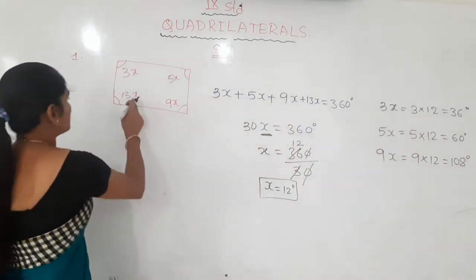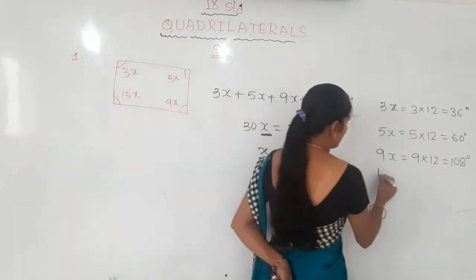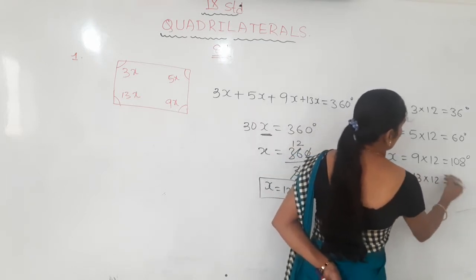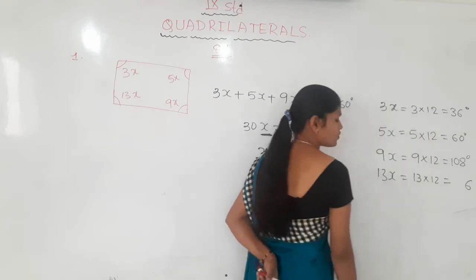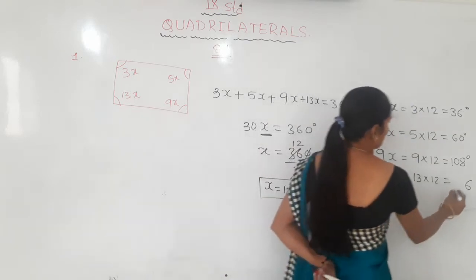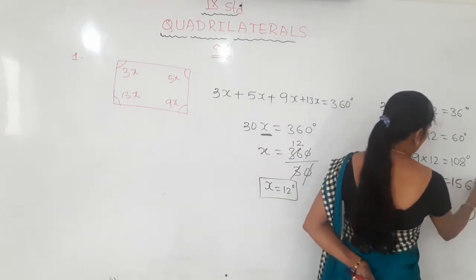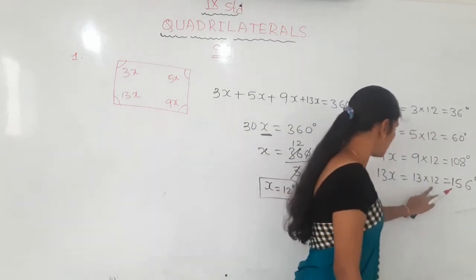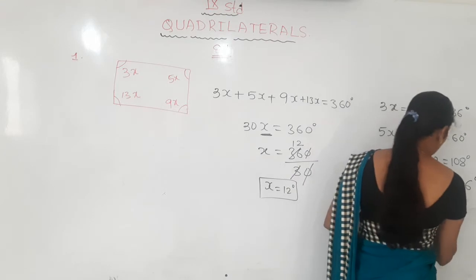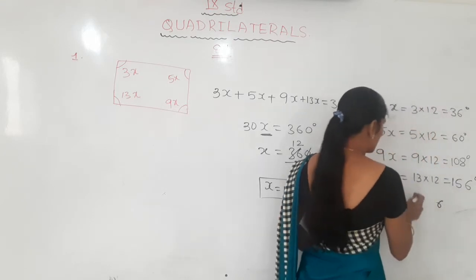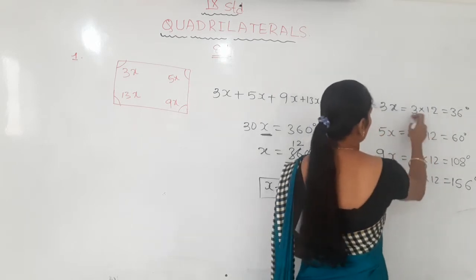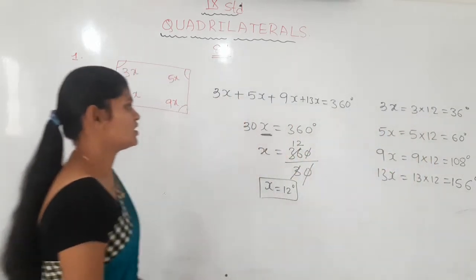Next, the fourth angle, 13 times x means 13 into 12. 12 threes are 36, carry 3, 12 ones are 12 plus 3 is 15. So 156 degrees.